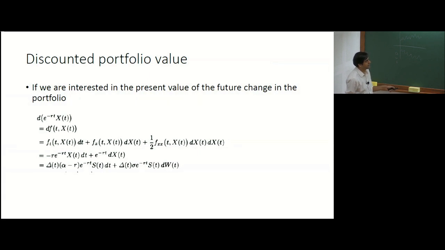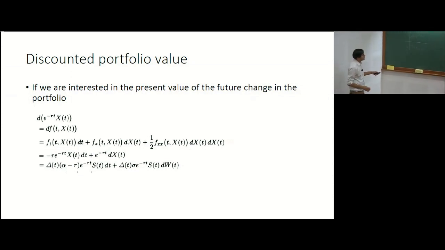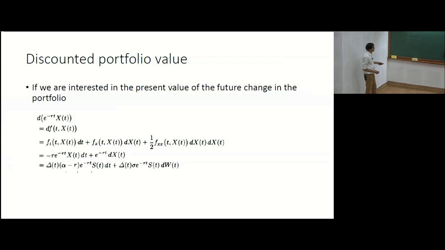And wherever the dx dx term has the dW term, you will put dt, and all the other terms will be 0. And similarly this thing, right? But in this case, you don't even have to go there because f double dash x is already 0, right? So what you get is minus r X_t dt plus e raised to power minus rt dX_t, right? And you substitute the dX_t that you had obtained in the previous slide, and you get this expression then, right?